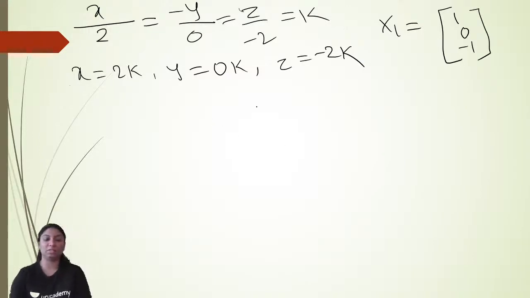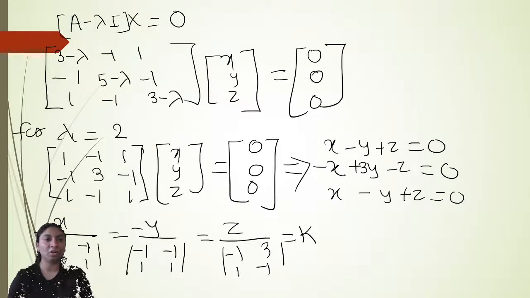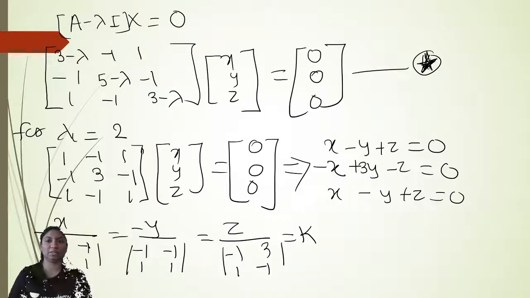Now next is for lambda 2. I am telling you this is our star, so put the values of lambda in the star matrix.